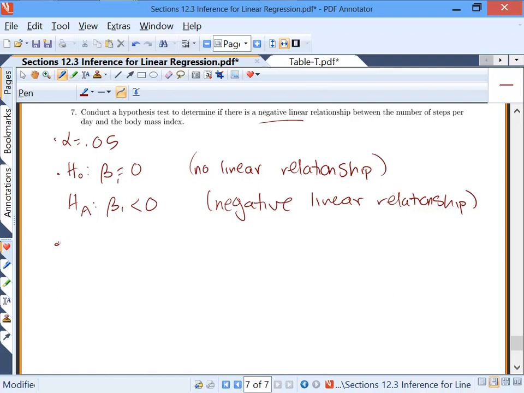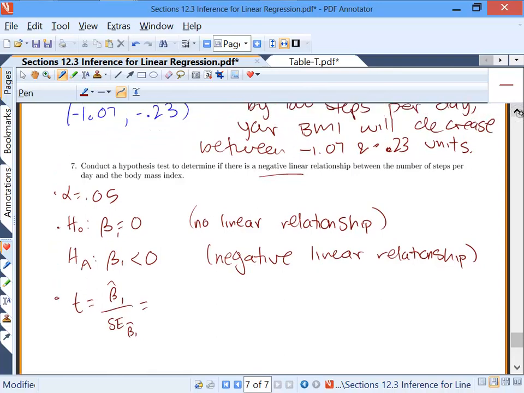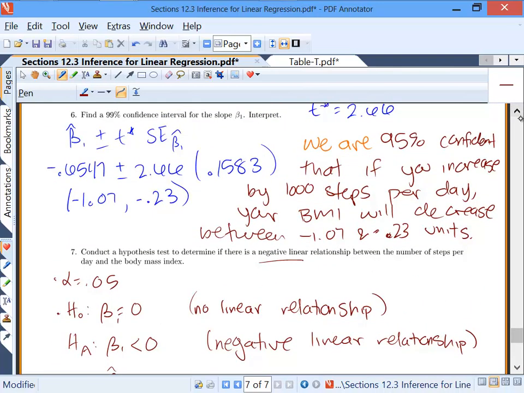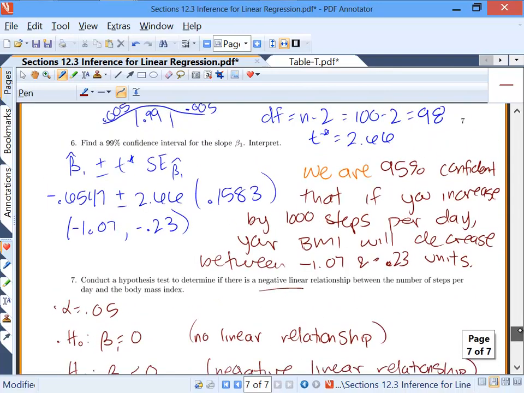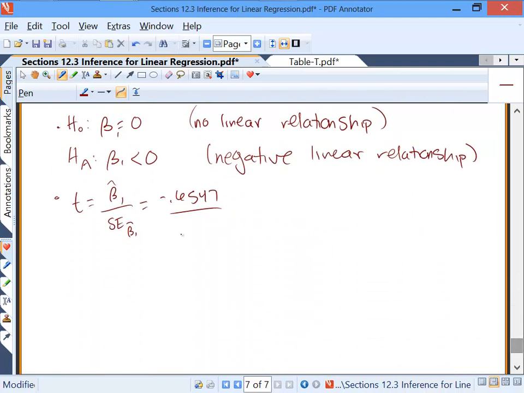Our next step is always our test statistic. In our case, it's our estimate over the standard error of our estimate. So looking up above, our estimate is negative 0.6547 over the standard error, which is 0.1583.